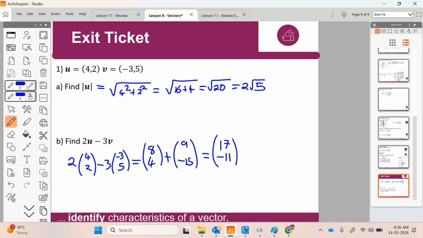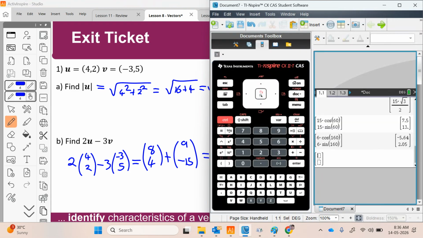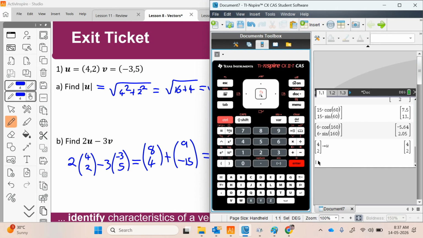Here are our answers. Let us now check with the calculator, using some calculator routines. What I can do is pull up my template here, like this. I can enter in my vector (4, 2), and I can press Control, store. I'm going to store that in u. Press Enter.